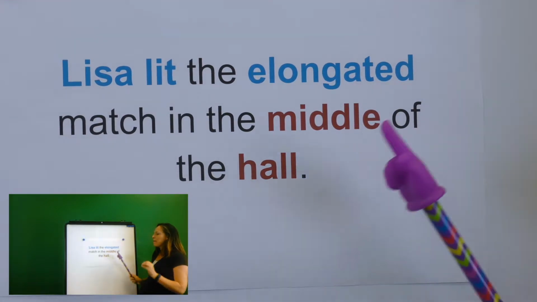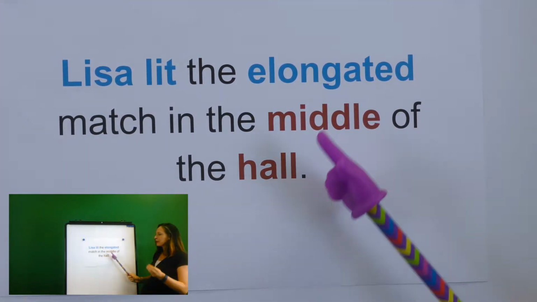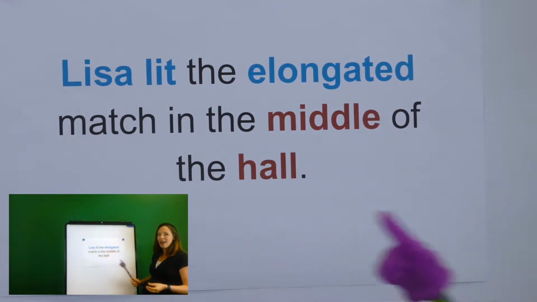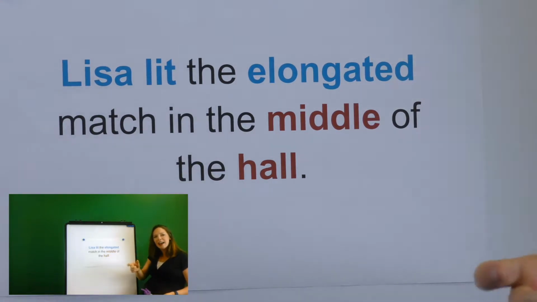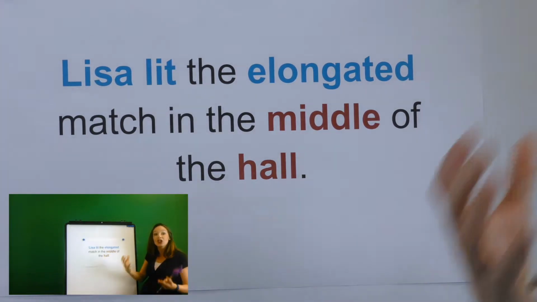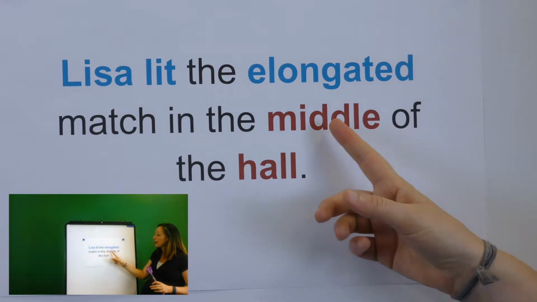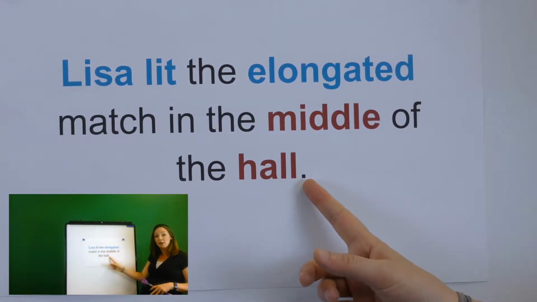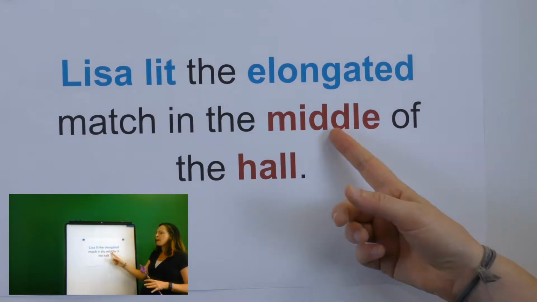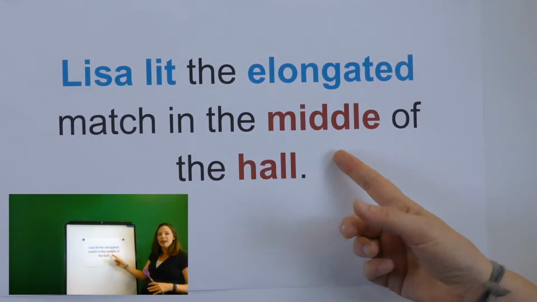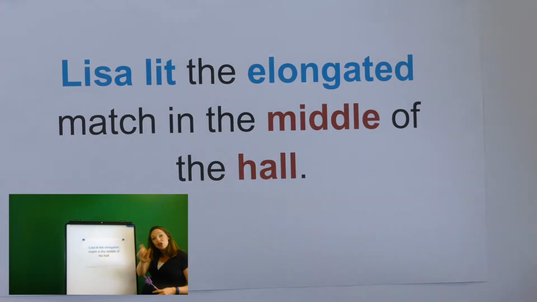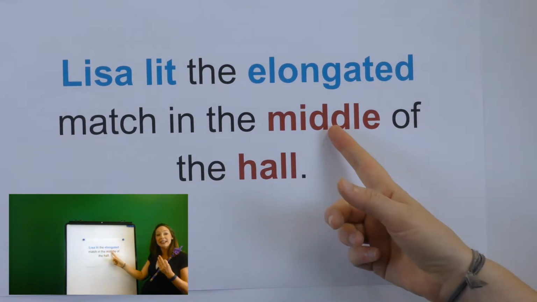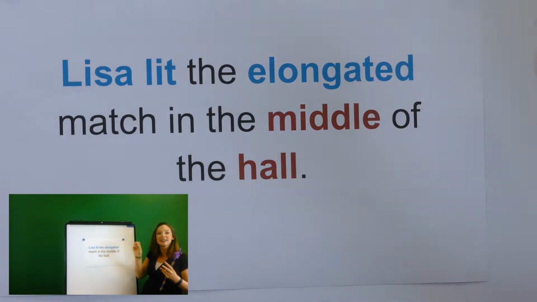Now let's take a look at middle and hall. Notice how the L sound is not going to be a light L sound. It's a dark L sound because it's informed by the D that comes before it in middle and the A sound that comes before it in hall. Middle. Notice how the L sound is very short because it's informed by the D, which is a quick D sound.